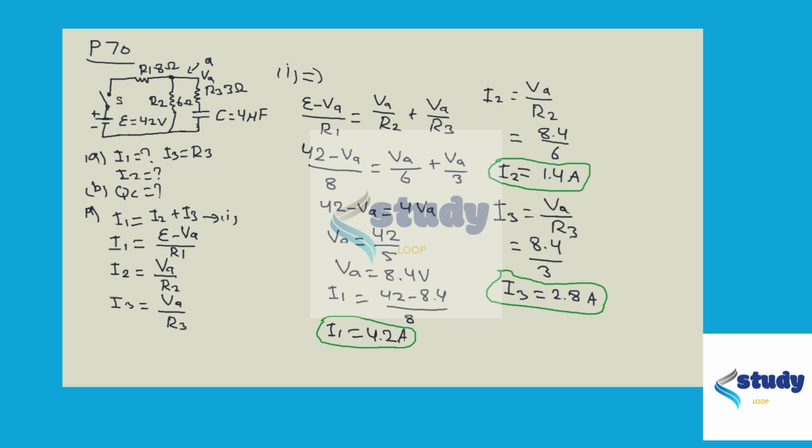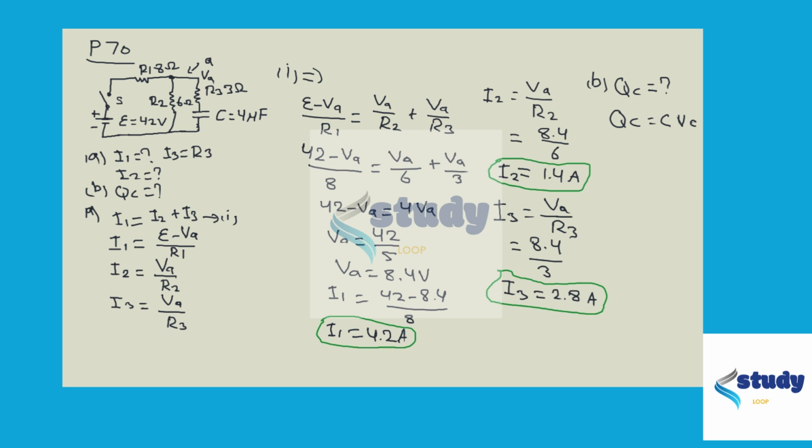Now for part B, we have to find QC, that is the total charge on the capacitor. QC will be equal to C into VC, that is the capacitance of the capacitor and the voltage on the capacitor.